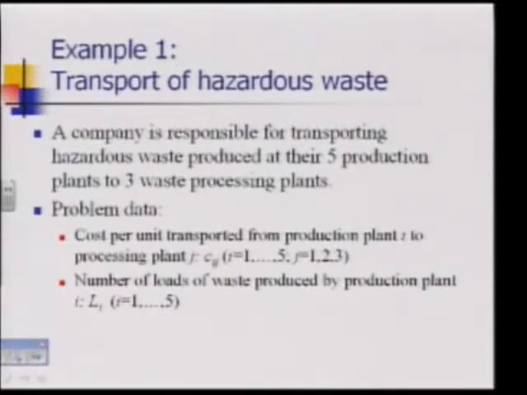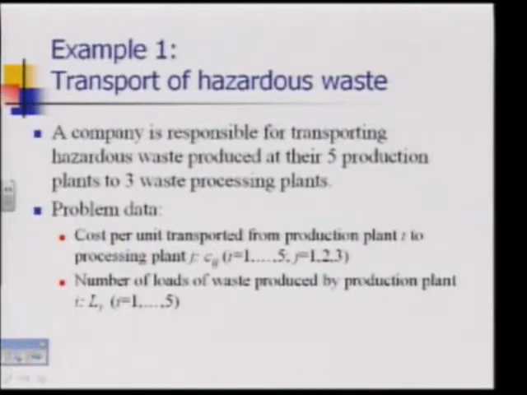And then the number of loads of waste produced by production plant i is denoted by Li. Okay, so remember, before we get to the next slide, we have Cij, which is the cost per unit transported from the production plant to the processing plant.